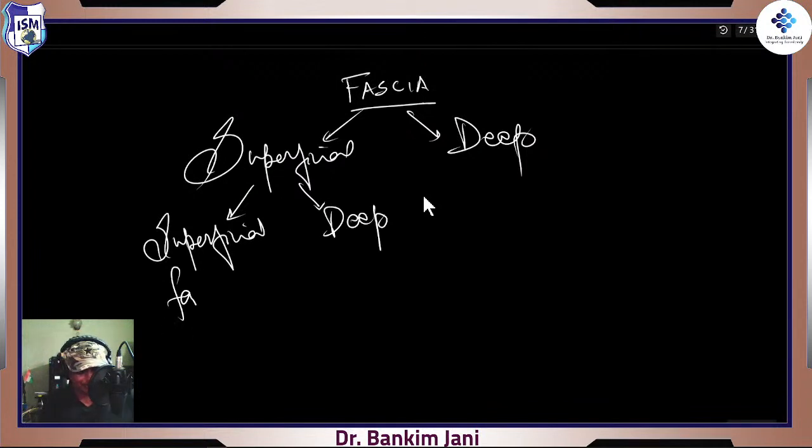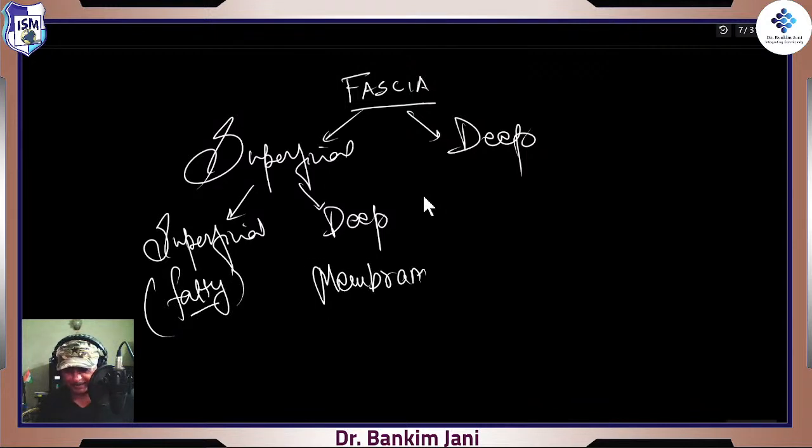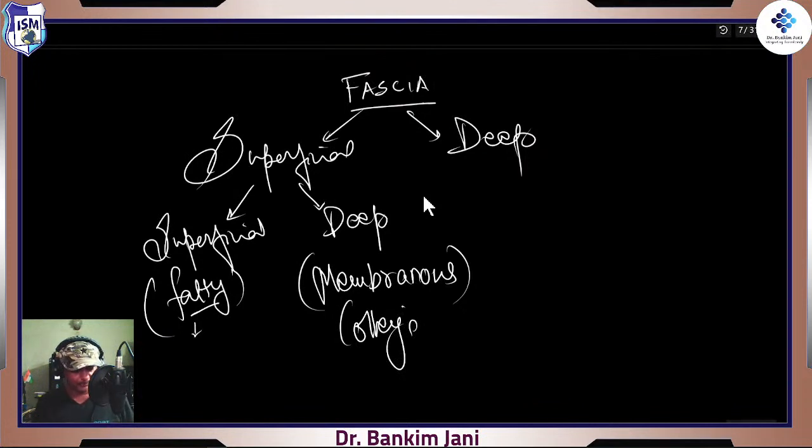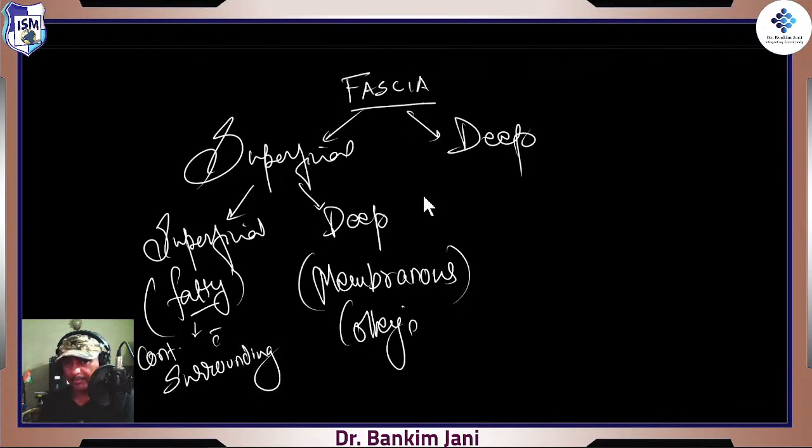To make it easy, it is called the fatty fascia, and this one is membranous, right? Membranous, also called the Colles fascia. And the superficial fascia continues with the surrounding, right? Because it is superficial, so we just say it continues with the surrounding. So that's easy. It is the deep membranous fascia.